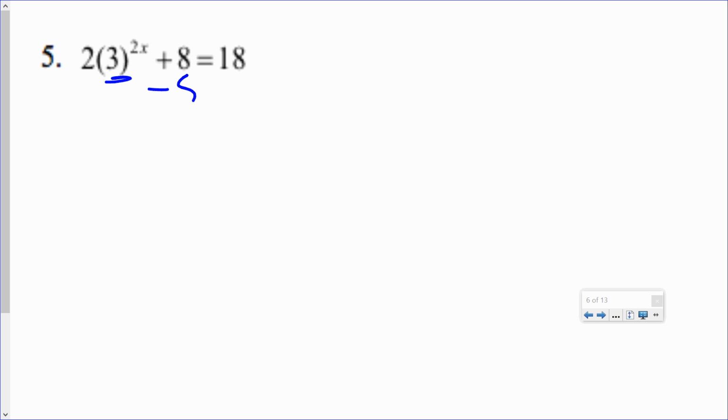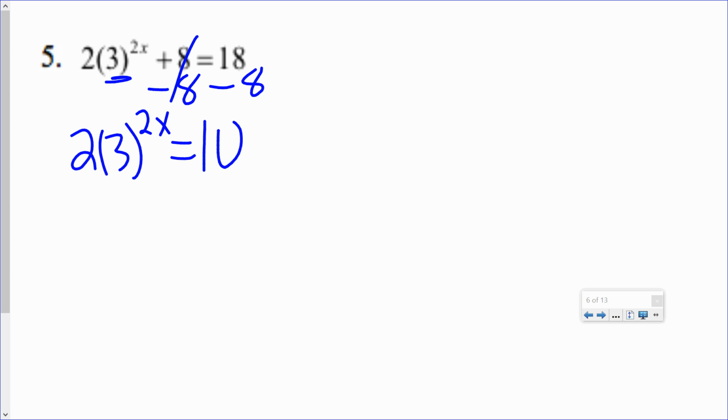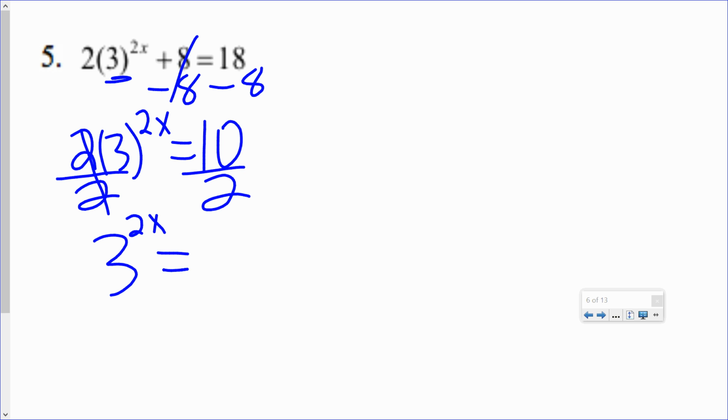Add or subtract first. Divide last. I cannot multiply the 2 and the 3. It's a very common mistake. I can't multiply the 2 and the 3 because the 3 is connected to that exponent.